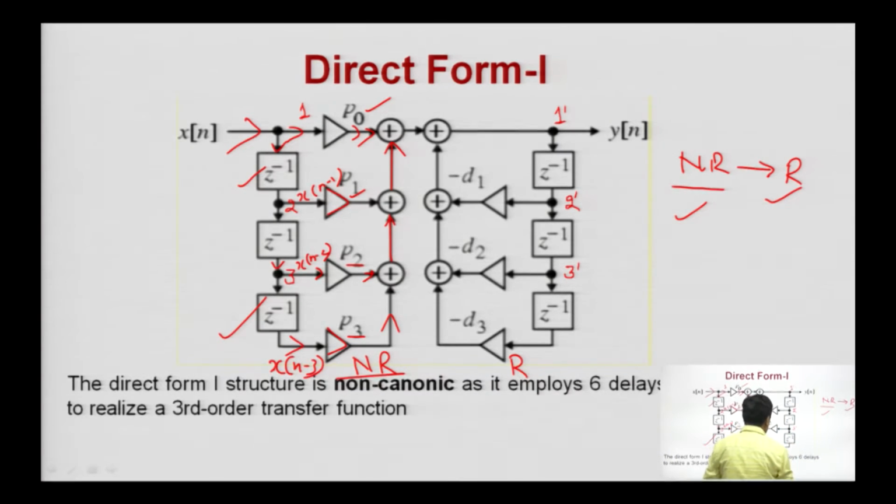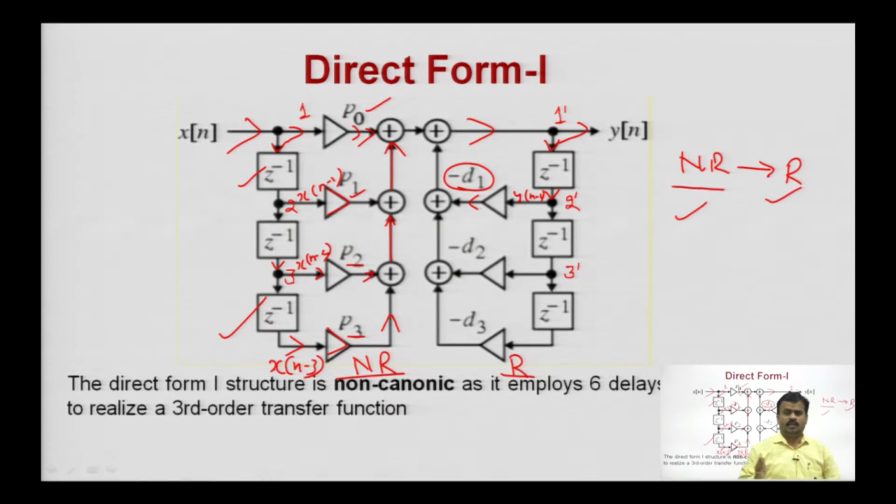Similarly, this second structure is recursive, because here this is your input and this is your output. Now, you are taking the past values of the output signal, like if it is y of n. This y of n passes through this delay element, so you will get y of n minus 1, and through this multiplier, that is minus d1. Why am I taking the minus here?